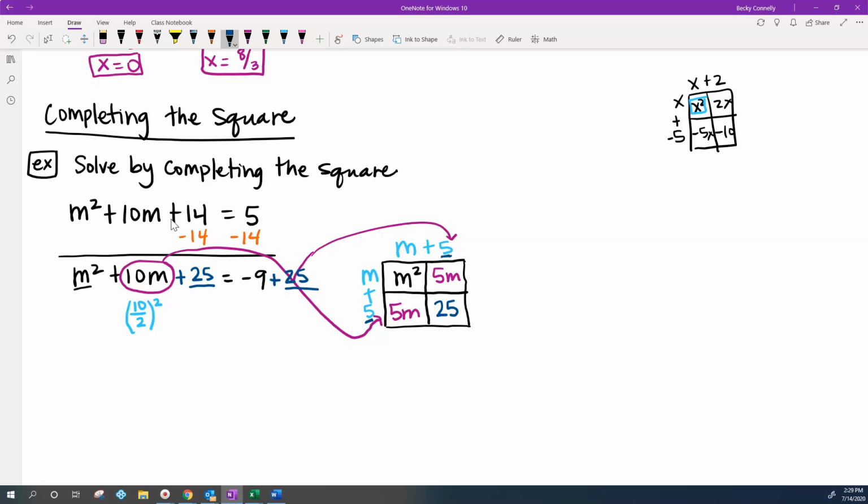And then if we keep going with this, let's simplify things up here. The reason why we made this trinomial on the left-hand side into a perfect square trinomial is so that it would factor. So let's look at the factoring of this. Let me just write this down again here so you can tell what we're doing.